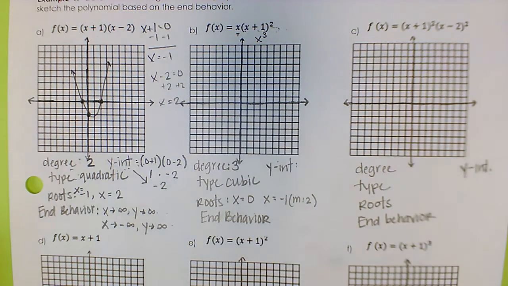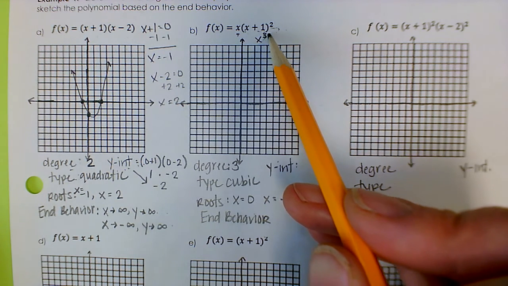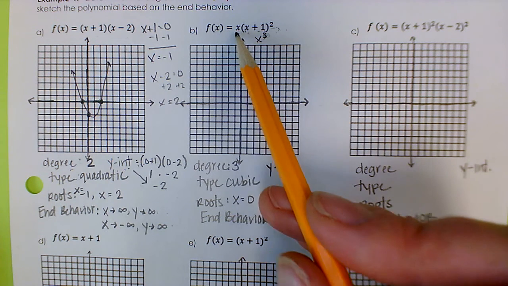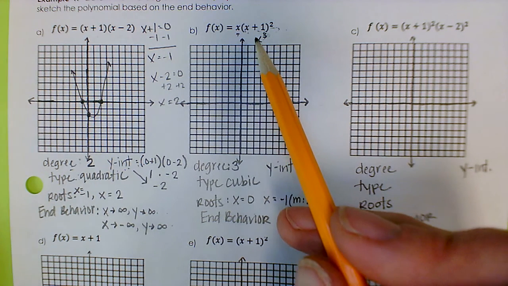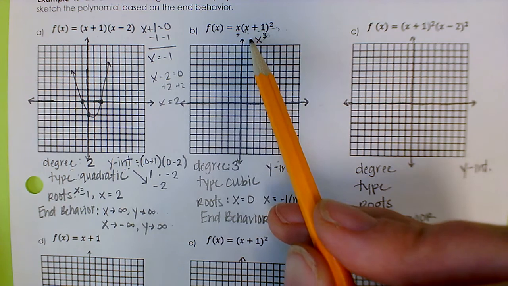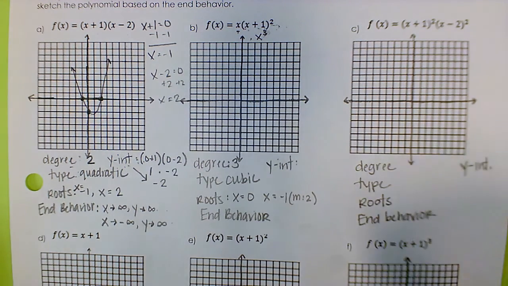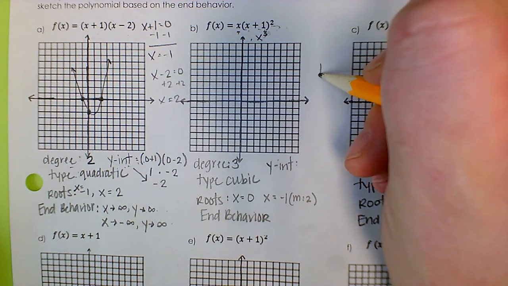Our end behaviors. This is an odd function, right? An odd degree. And if you take x squared and times it by x, you're going to get a 1 out front. So it's a positive coefficient with an odd exponent, which means it's going to look kind of like, let me draw it here, like this.